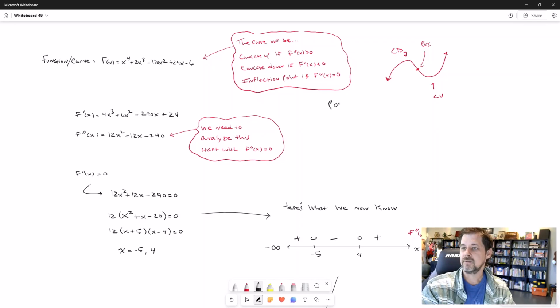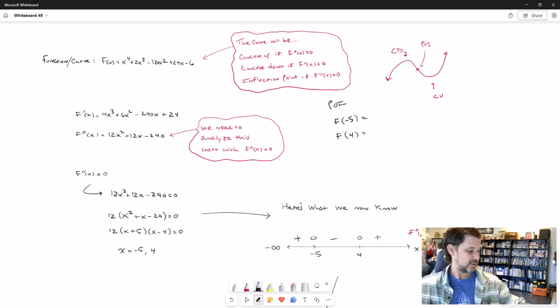I need to put in -5 into this function right here, and I need to put in 4 and see what I get the y coordinate to be. That would be the point, and that's what they're looking for. Okay, all right, so I'm going to do that with my handheld calculator real quick, and I'll write down what I get.